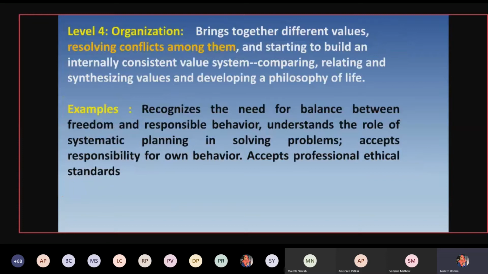Now moving to the next level, we have organization. At this level, the learner will prioritize different values and possibly even resolve conflicts arising from them. Not just prioritizing, they will also be emphasizing prioritization to other people. Like for example, students after completion of their classwork, they will be prioritizing and emphasizing on work-life balance.